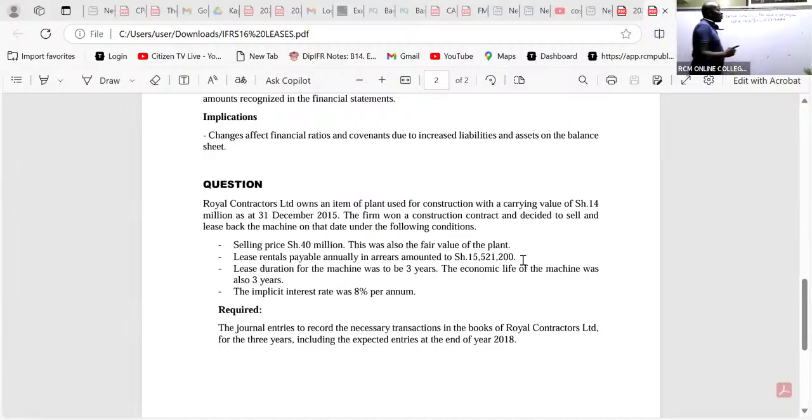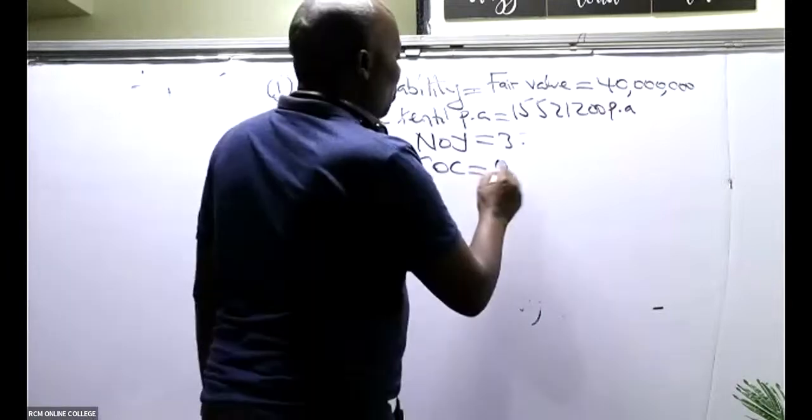This lease rental will be paid for how many years? Remember, this is supposed to be a lease for 3 years. So the number of years is 3. And then they have also given us the cost of capital, or the implicit interest rate. This is the rate of return. The implicit interest rate is 8%.